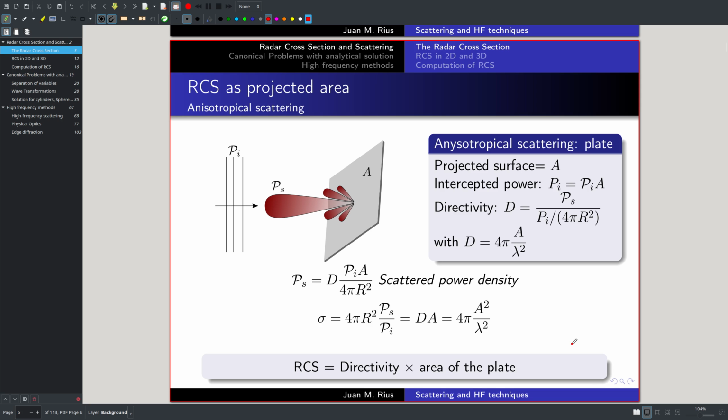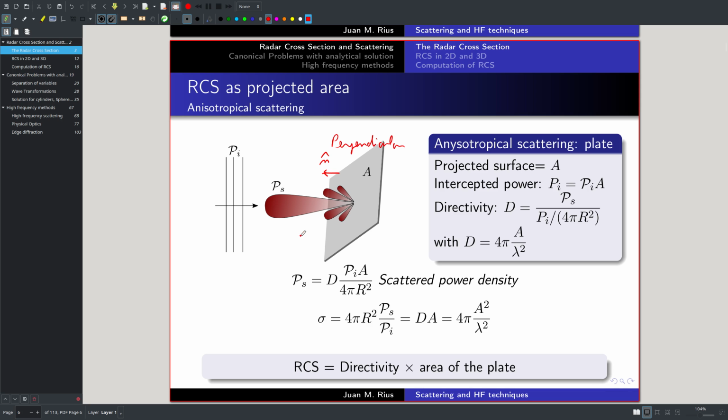Okay? Now a different case, also an important case. This is the flat plate. For a flat plate, the plate is perpendicular to the incident direction, so the normal to the surface is parallel to the incidence direction. Okay, this is a perpendicular plate.